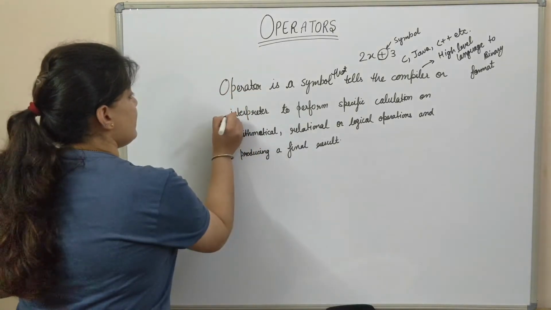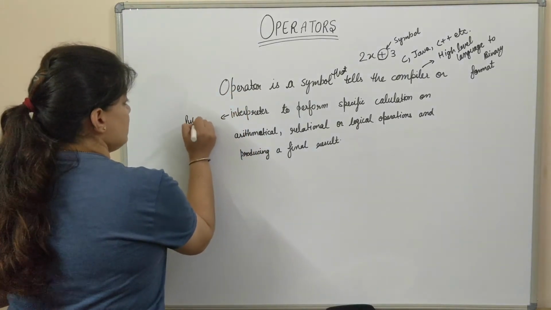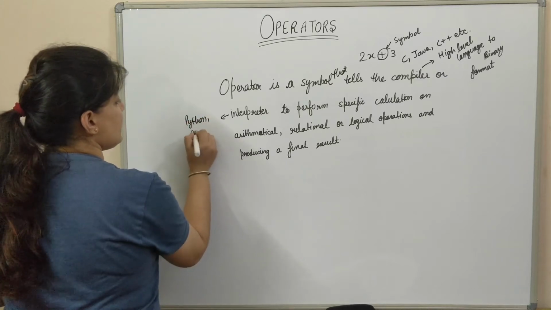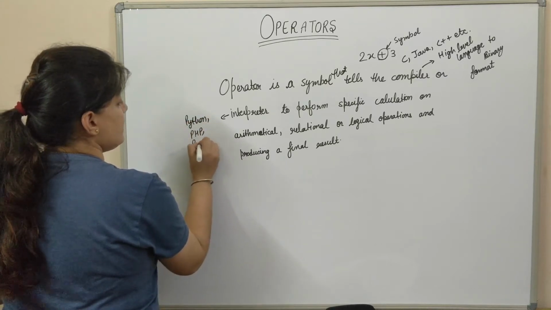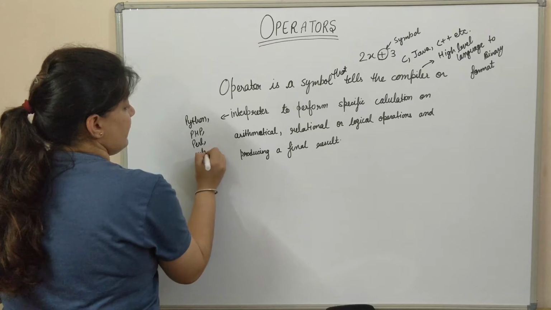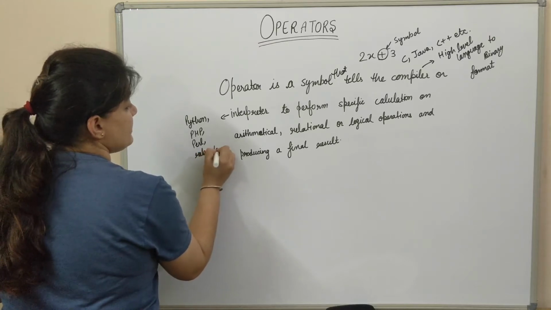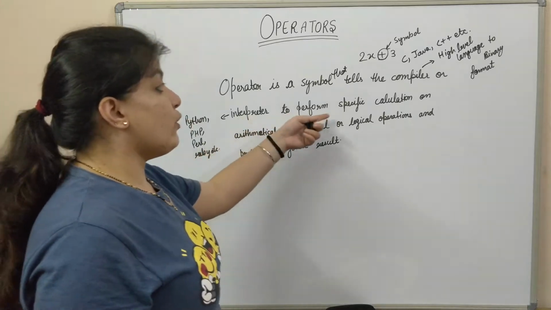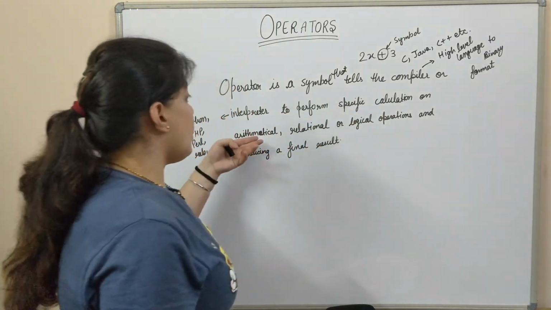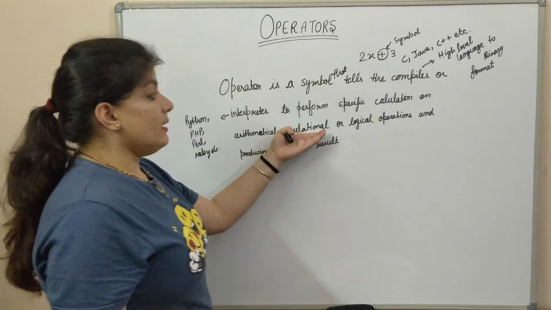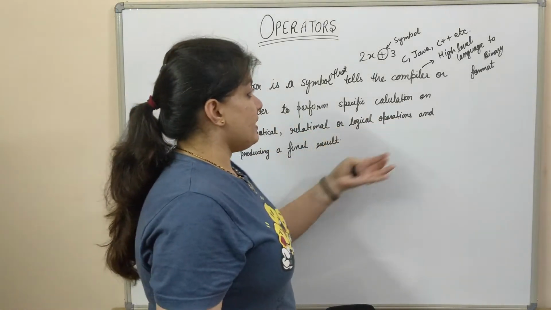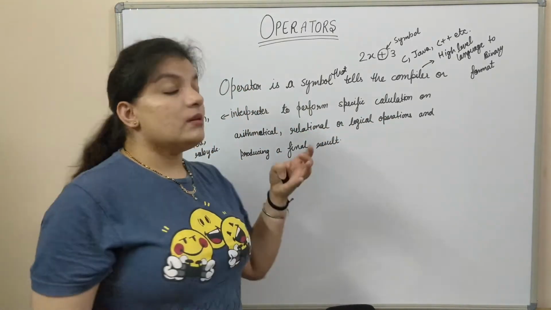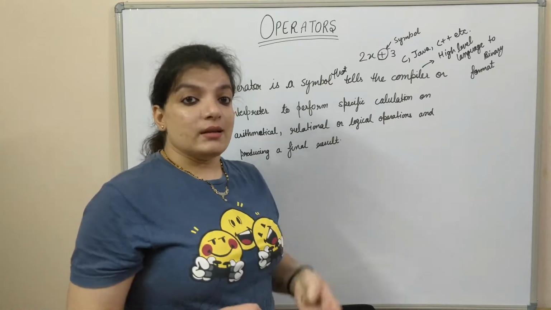The interpreter is used by Python, PHP, Perl, Ruby, etc. In these types of programming languages, operators perform specific calculations on arithmetical, relational and logical operations and produce a final result.